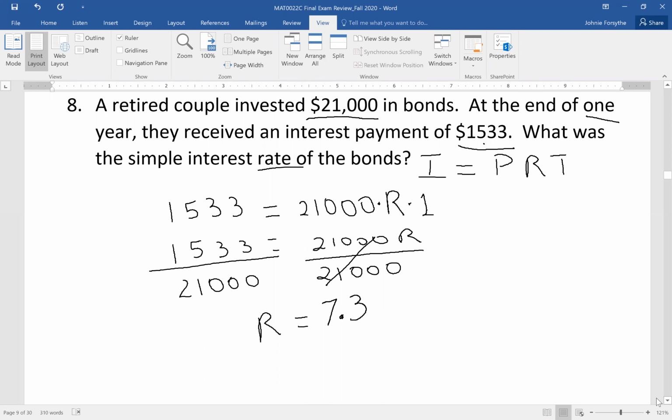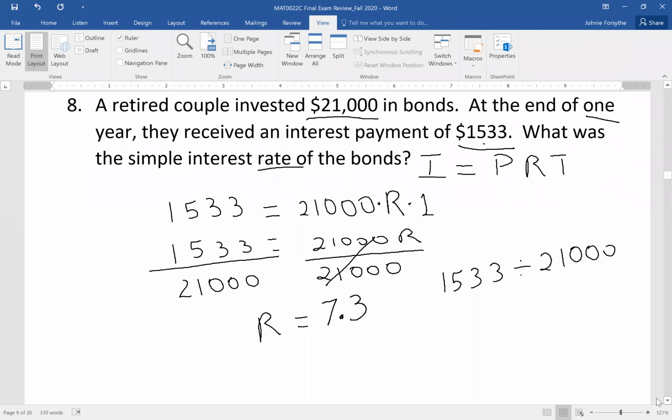Okay. And so your rate is 7.3%. But if they put 1533 divided by 21,000, they get it as a decimal, right? Let me see what you actually get. So 1533 divided by 21,000. Oh, yes, you're right.